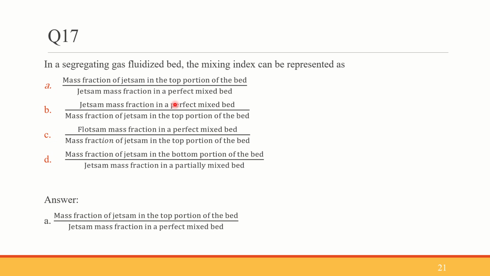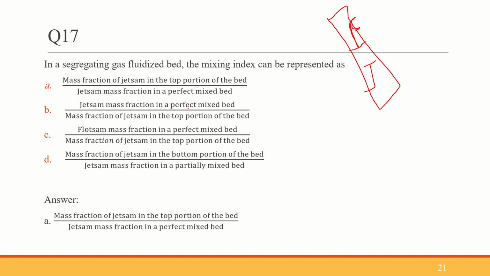We know that we have two components, the flotsam and the jetsam. Jetsam sinks to the bottom of the bed, while flotsam remains at the top of the bed, right? If we take a bed like this, and if it is a complete segregation, we can see flotsam going to the top and jetsam going to the bottom. So what will happen?